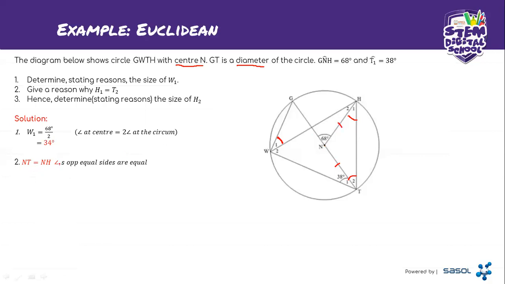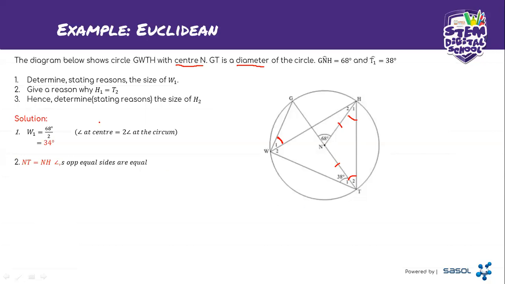So angles opposite equal sides are equal. So those angles are equal, right? When we have two sides which are equal, then the opposite angles of those two sides are also equal.